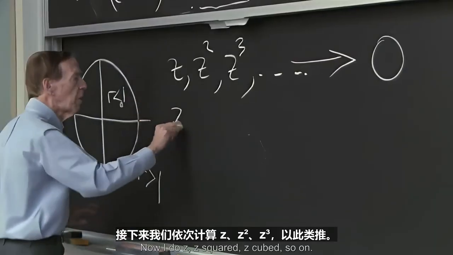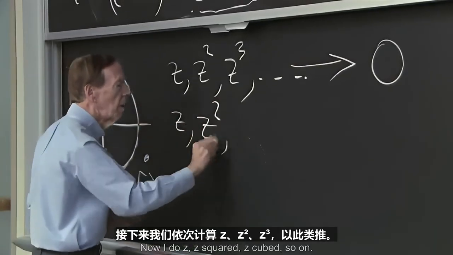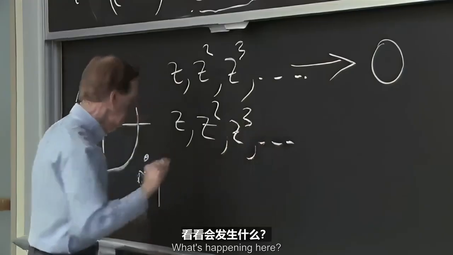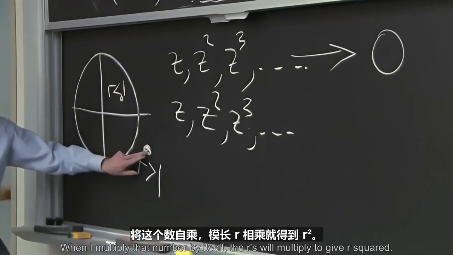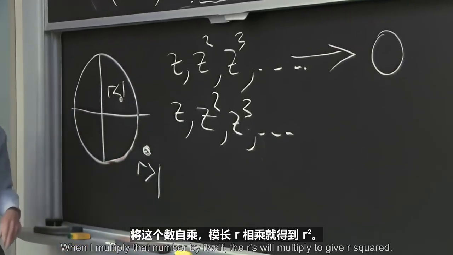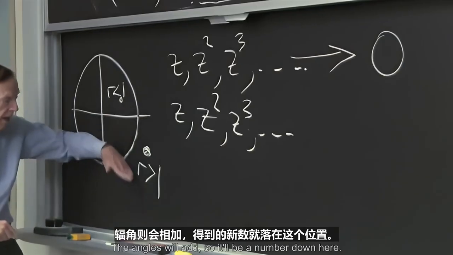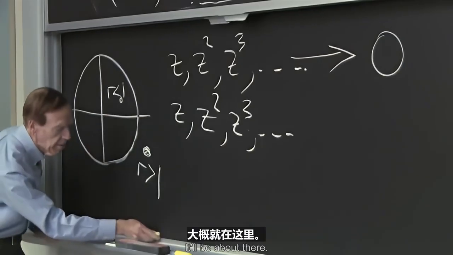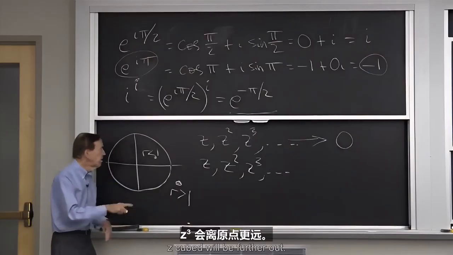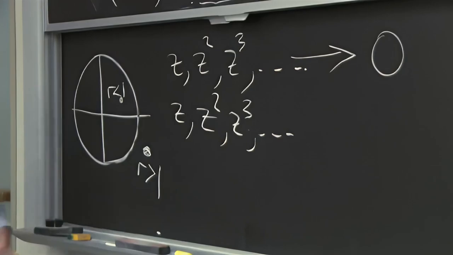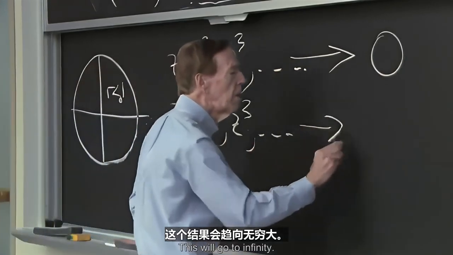Now I do z, z squared, z cubed, and so on. What's happening here? When I multiply that number by itself, the r's will multiply to give r squared. The angles will add, so it'll be a number down here, about there. That'll be z squared. z cubed will be further out. This will go to infinity.